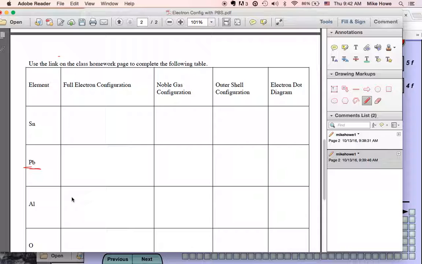So if we're going to write the configuration out, it would look like this.